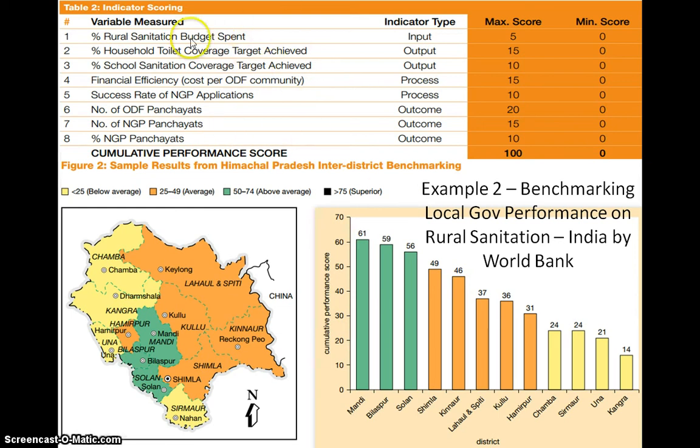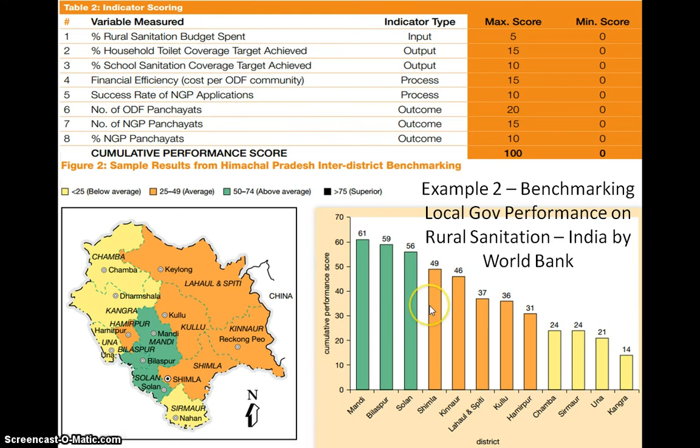So specifically, they look at how different sub-districts are spending on rural sanitation, whether they have enough toilets in the households, and how the schools are doing, and they look at different indicators. They come up with a cumulative performance score for each sub-district in this big state.